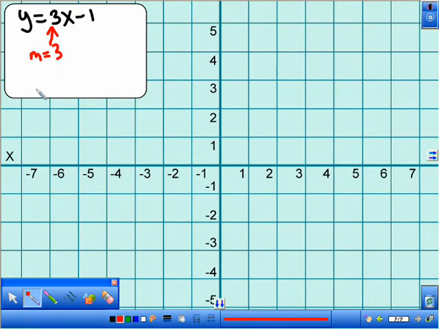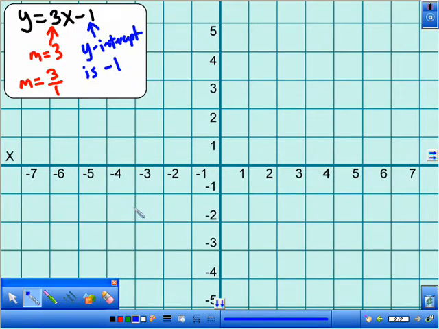Well, if we're going to graph it, let's interpret it as rise over run. So let me go ahead and convert it to a fraction. So 3 in a fraction is 3 over 1. Okay. Here on the right hand side, we have the b value, which is your y-intercept. So the y-intercept is -1.